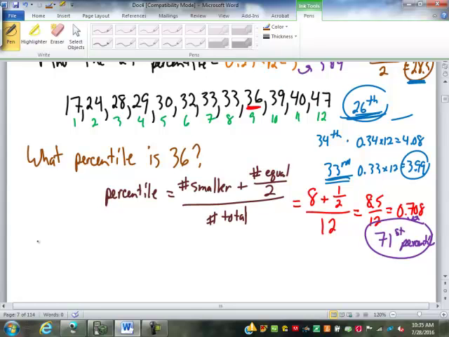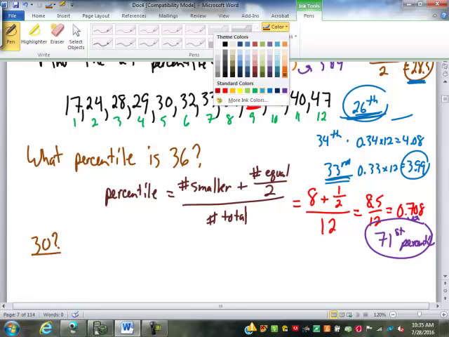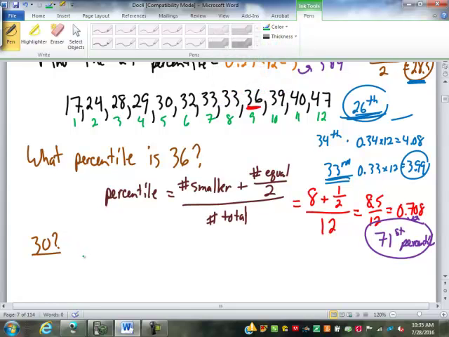So what if I ask you what percentile is the 30 in? Talk me through it. Well, how many are smaller? There's 4 smaller, yes, plus 1 that's equal, so 1 over 2, over 12.